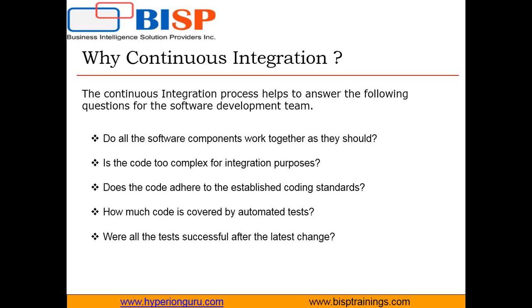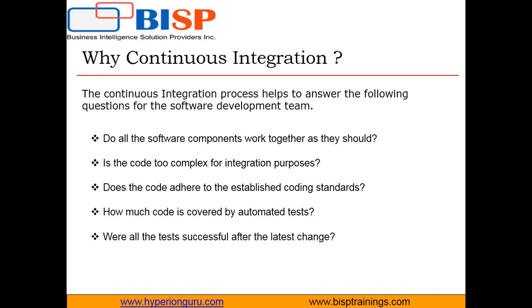The second question is, is the code too complex for integration purposes? If the continuous integration process keeps on failing, there is a possibility that the code is just too complex. This could be a signal to apply a proper design pattern to make the code less complex and more maintainable.